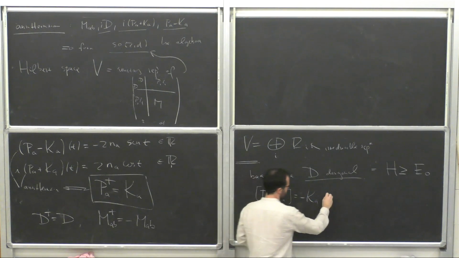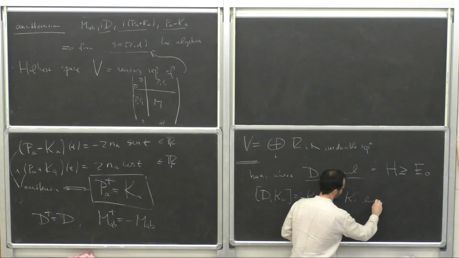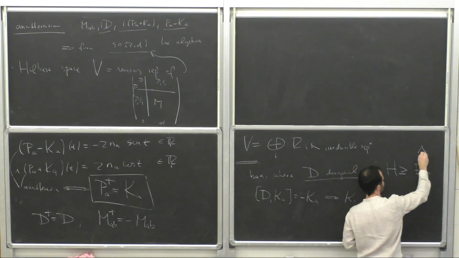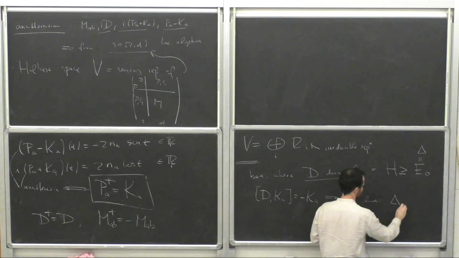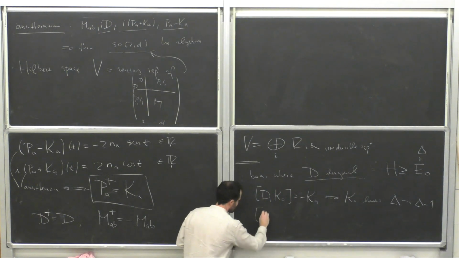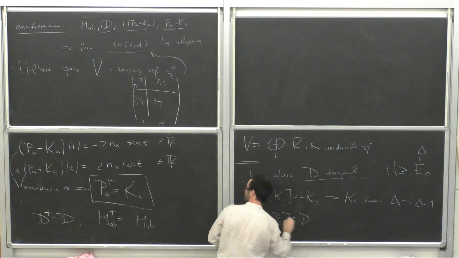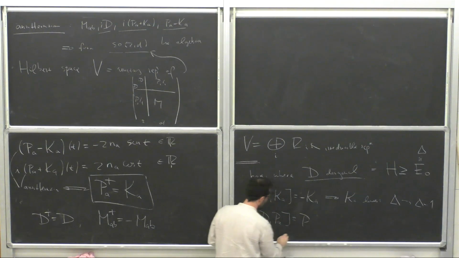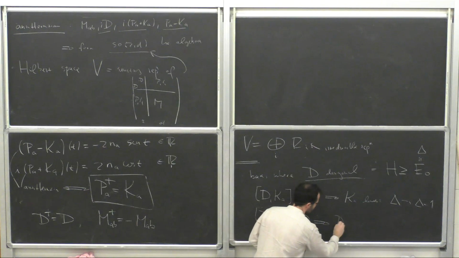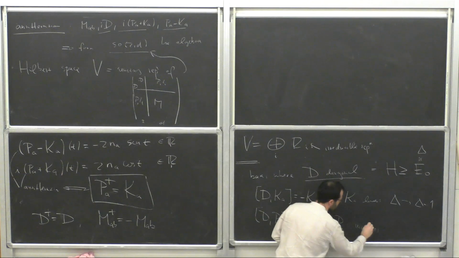So K is a lowering operator for the energy. K lowers the energy or scaling dimension. So energy is the same as scaling dimension by 1. And conversely, P is like a raising operator because D acts on it with a plus sign. So P increases the energy by 1.